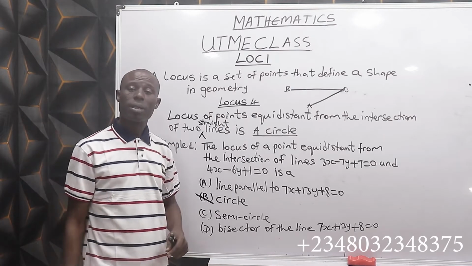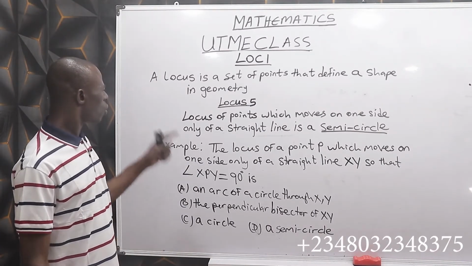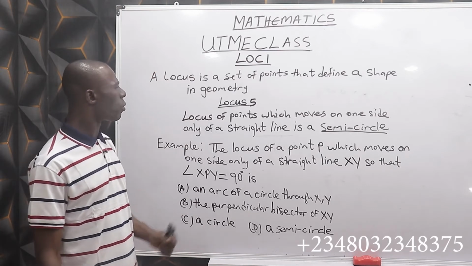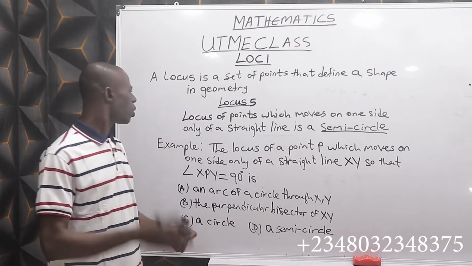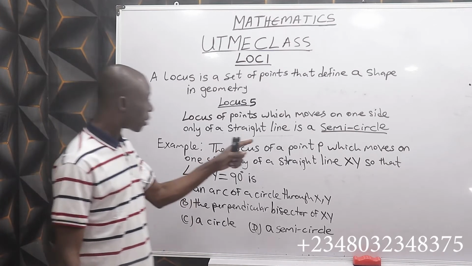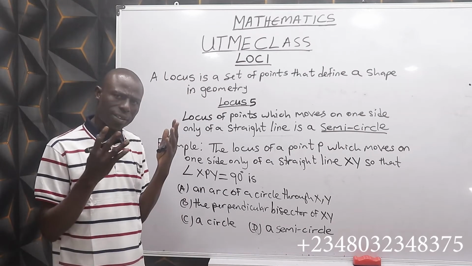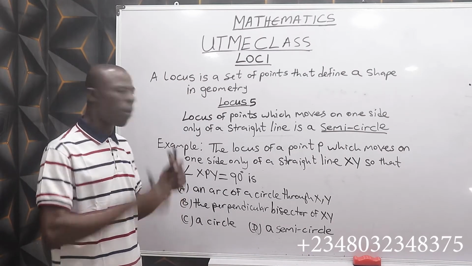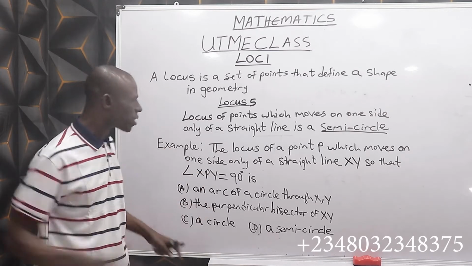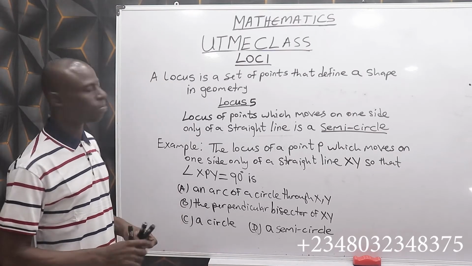That is it. Let's consider locus 5, which is the locus of points which moves on one side only of a straight line, and which is said to be a semicircle. Anytime you hear that a locus of points moves on one side of a straight line, that locus is a semicircle.